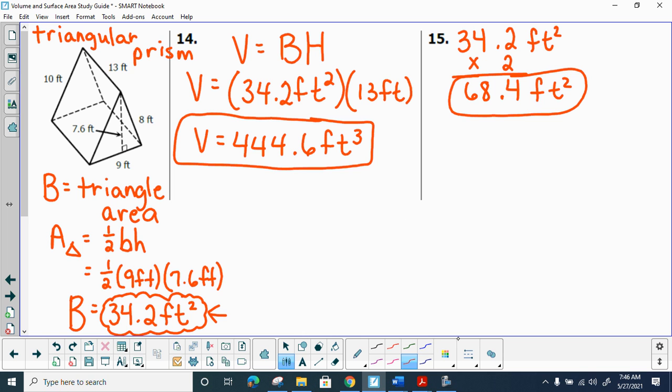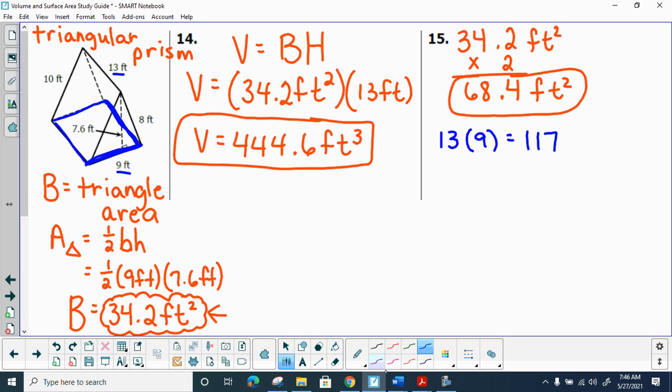Now we have 3 rectangles in this prism. Okay, so this rectangle is 9 feet by 13 feet. So this length is 13, this length is 9. Times 9, 117.